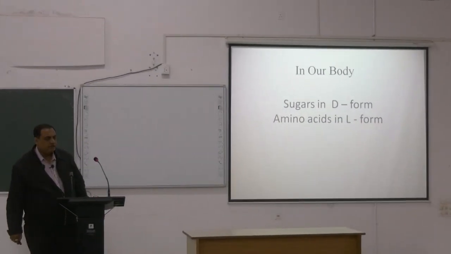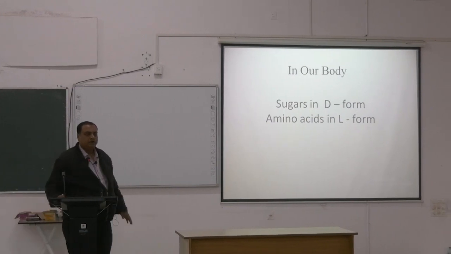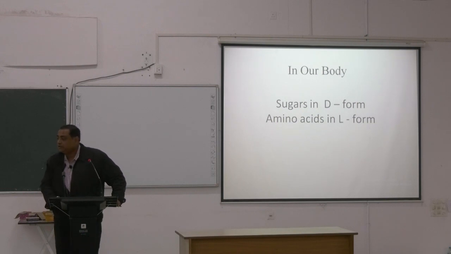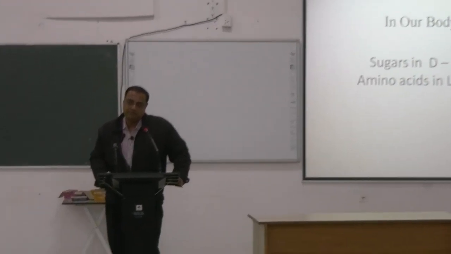There are many carbohydrates which we cannot digest. They are found in L form. Mostly the bacterial cell wall contains D amino acids and L sugars. Why? Because the enzymes which we have can cleave the polymers of D sugars and L amino acids.